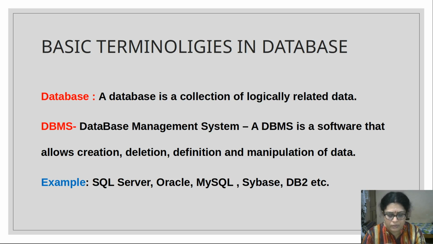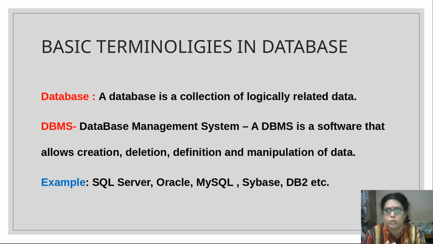This data is related to one another, isn't it? So a database is a collection of logically related data. I'm just talking about one student record. Now if in one particular class there are 100 students, and I put all these students as one set of logically related data, then we can call it a database.